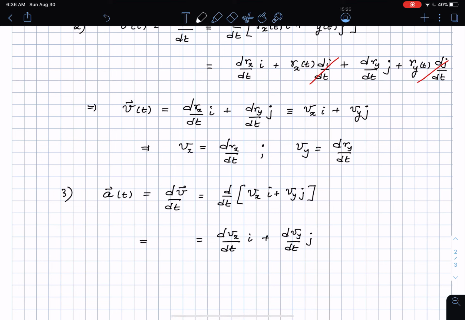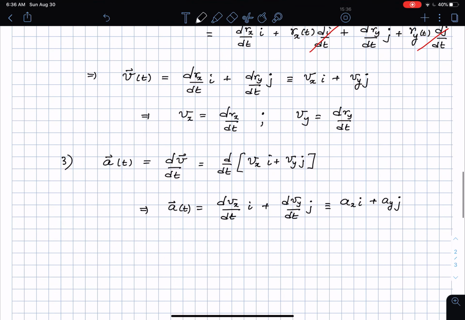So acceleration can be written this way, or in terms of its components, ax i plus ay j.